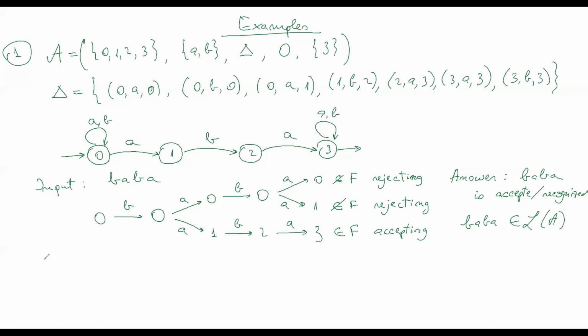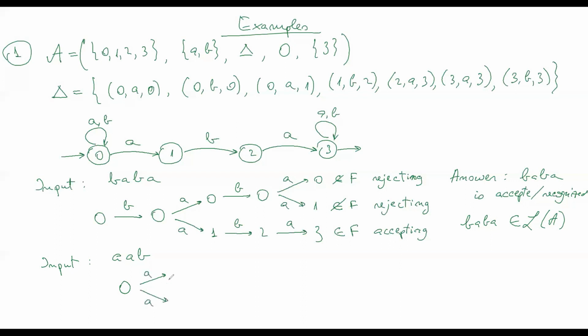Now, for example, if I take input, say, AAB. So again, I start in state 0, and with A, I have two options, just like we discussed before.